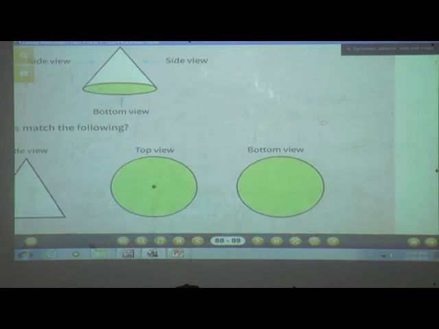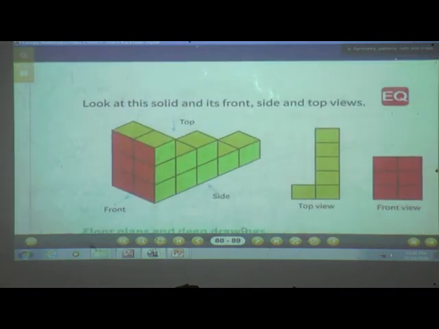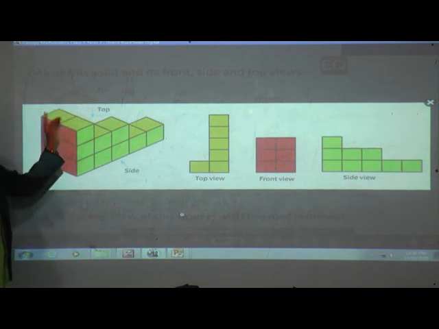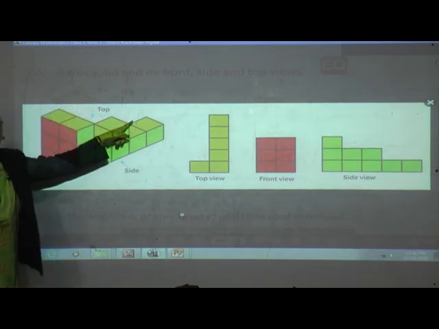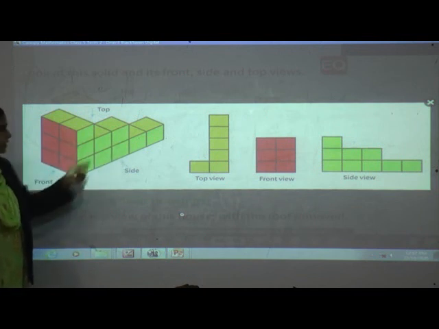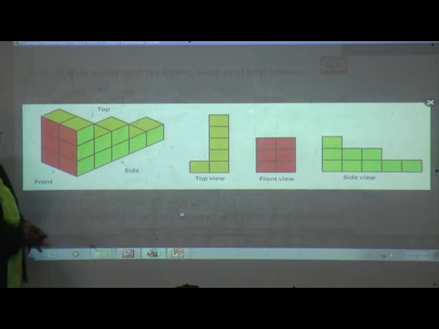See page number 89. Here, look at these solids and their front, side and top views. See students, when we look from the top, this one is the top view. This is the side view of the figure and this is the front view of the figure.